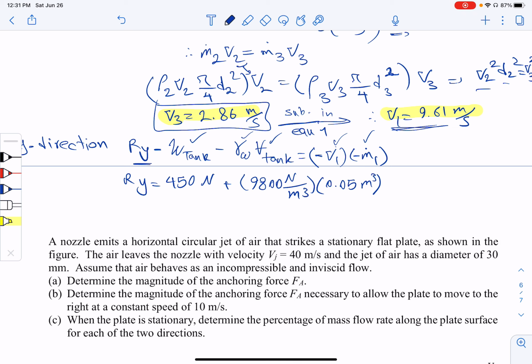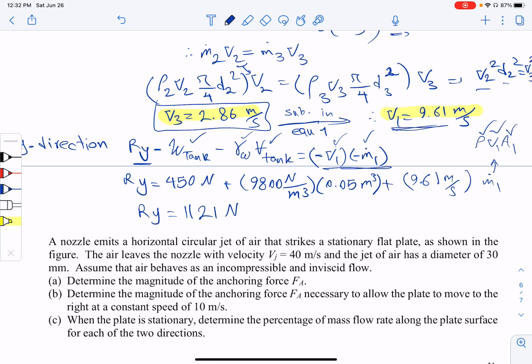Minus times minus is going to be positive, so we have positive, and V1 is 9.61 meter per second, and we can find m dot 1 by writing down rho V1 A1, and we know all of them.